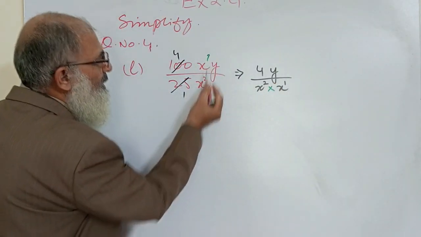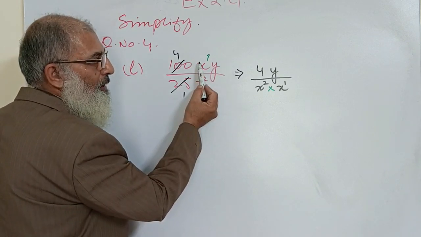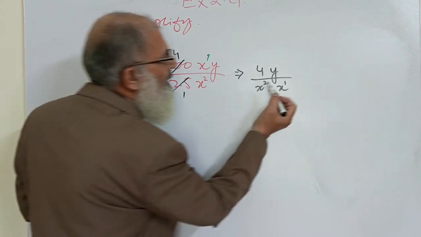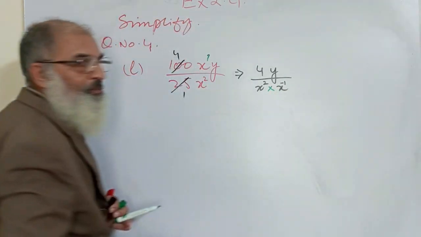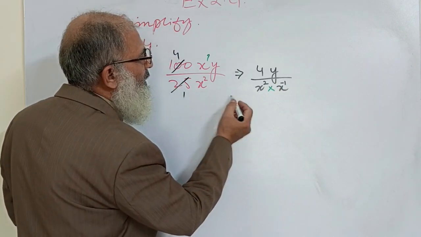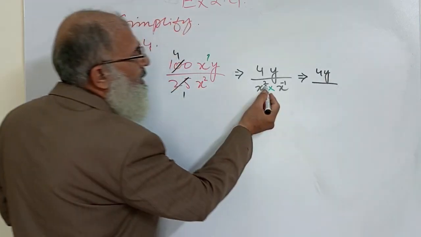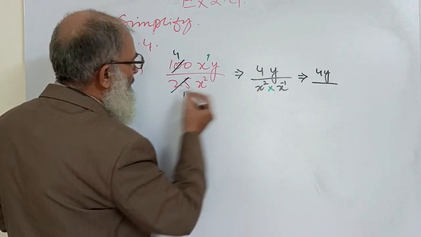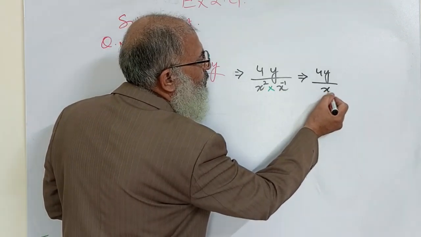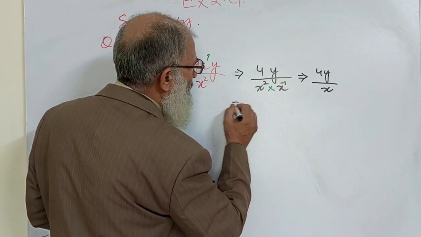When the position is shifted, either from denominator to numerator or from numerator to denominator, the sign will be changed. So 1 was already here, 2 minus 1 is 1, and it will become like this.